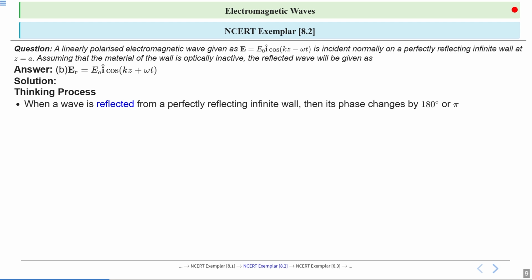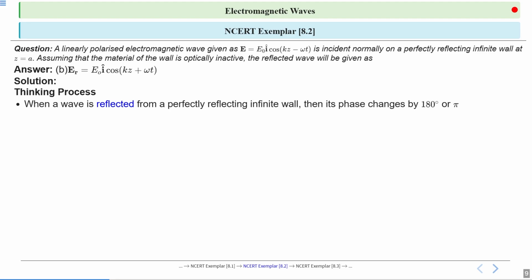When the wave goes from a rarer medium to a denser medium, or it is reflecting after incidence on the denser medium, the phase changes by 180 degrees. If light is reflecting from a rarer medium, then the phase doesn't change; it remains the same.